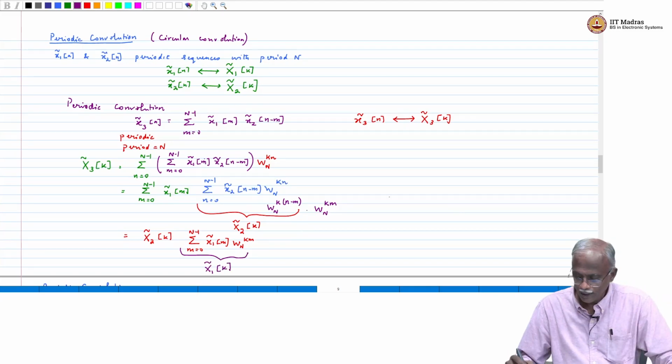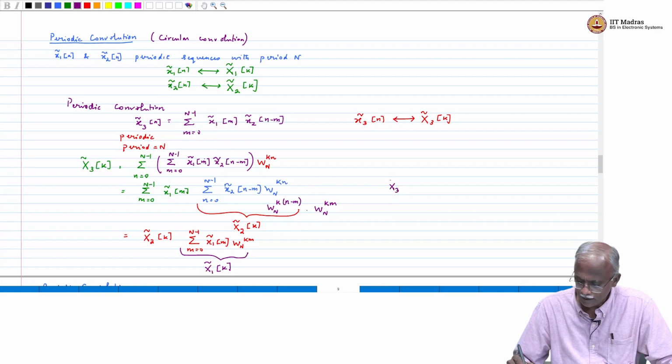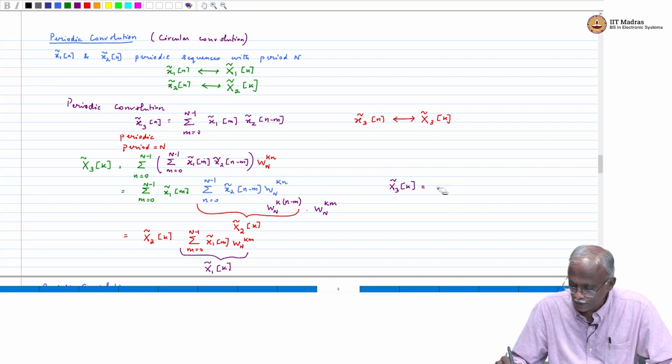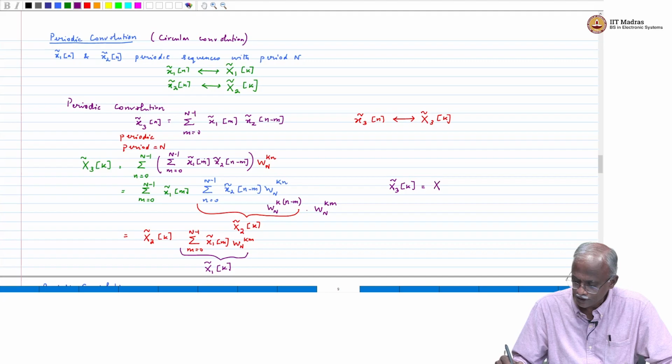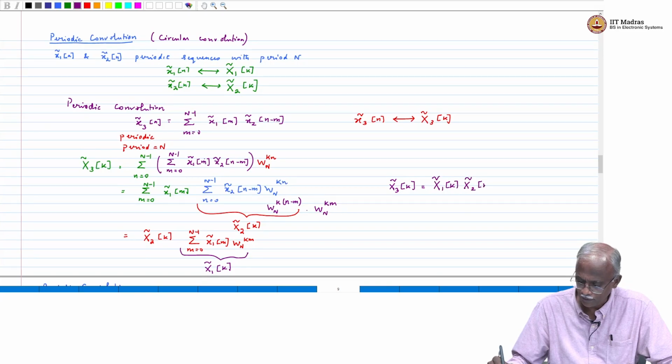Okay, so x3 tilde of k is a product of the individual discrete Fourier series coefficients. So this will be x1 tilde of k multiplied by x2 tilde of k.